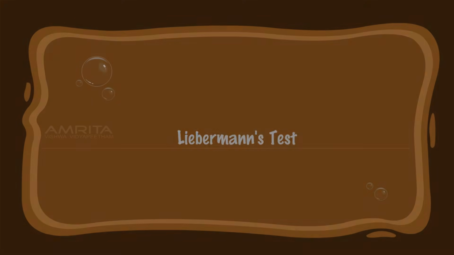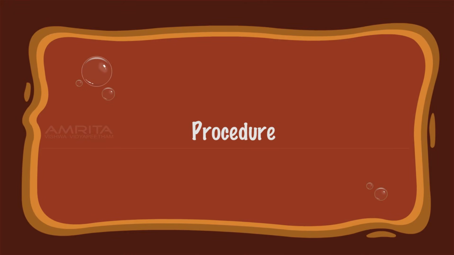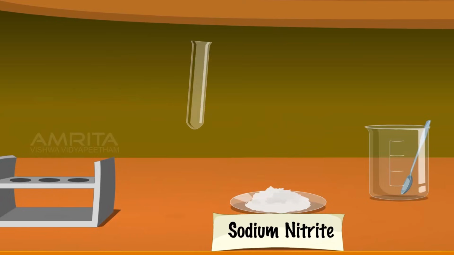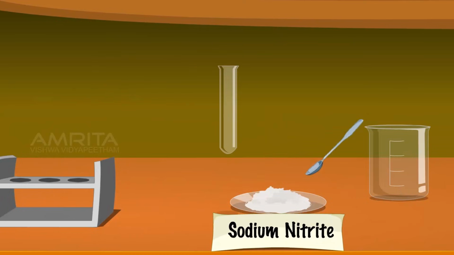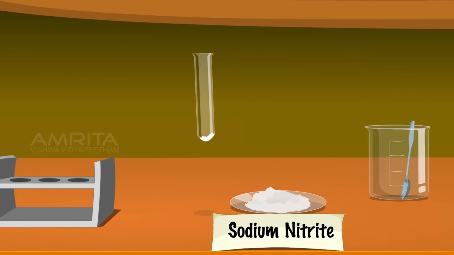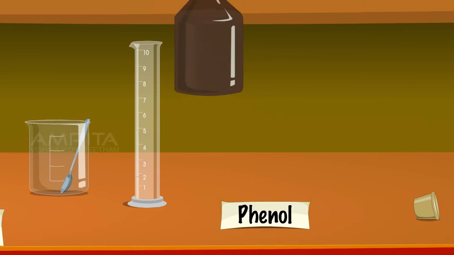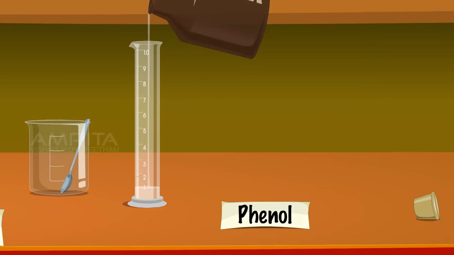Liebermann's test. Procedure. Take a test tube. Add 2 to 3 crystals of sodium nitrite into it. Take a measuring jar. Pour 1 ml of phenol into it.